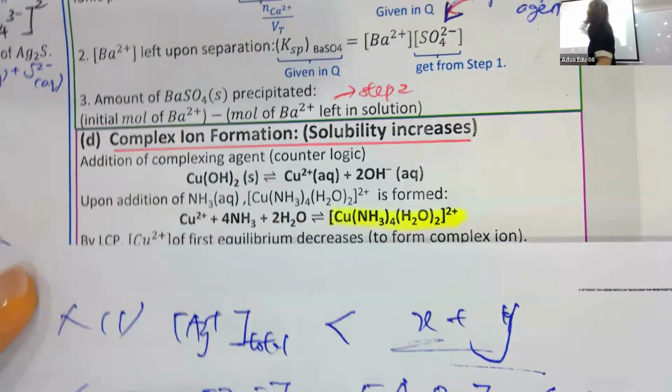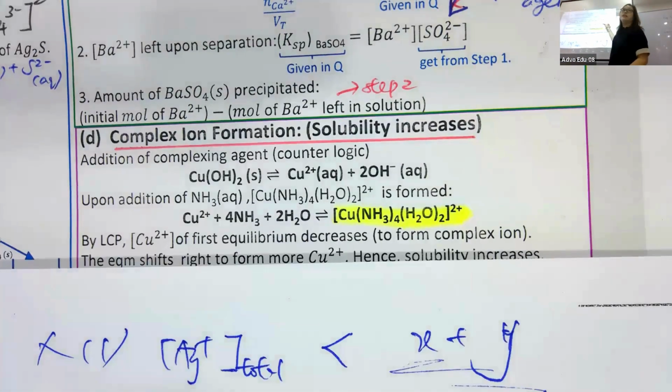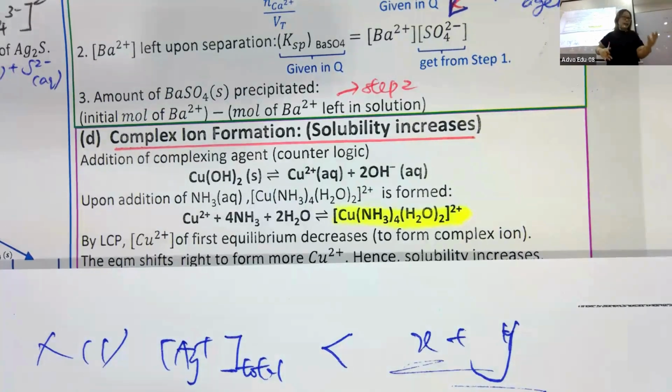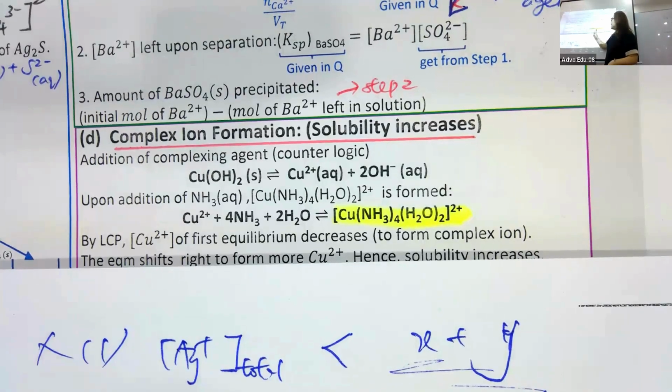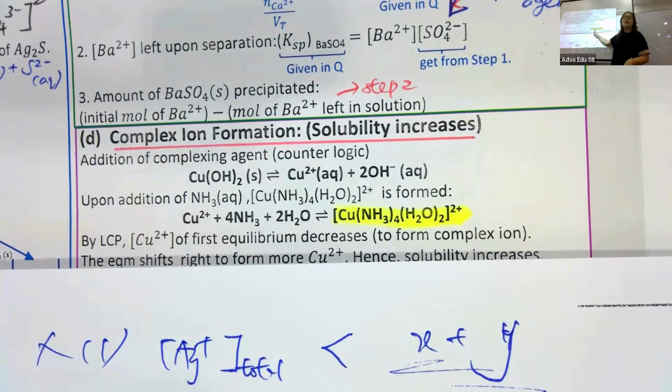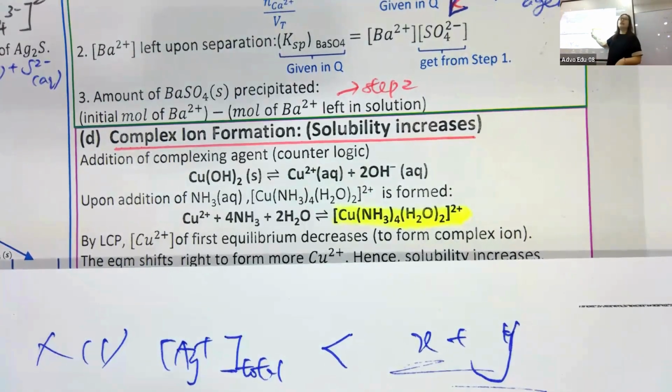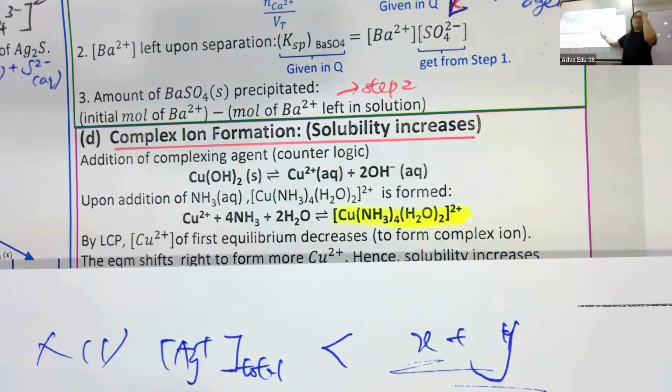So when it drops, the LCP equilibrium shifts forward and more of the copper 2 hydroxide can dissolve. That's all. Okay. Now this one over here, if you learn bio, this is actually the chemical formula for Benedict solution. Okay, we will soon learn these under the last chapter called transition metal, where we learn more complexes.